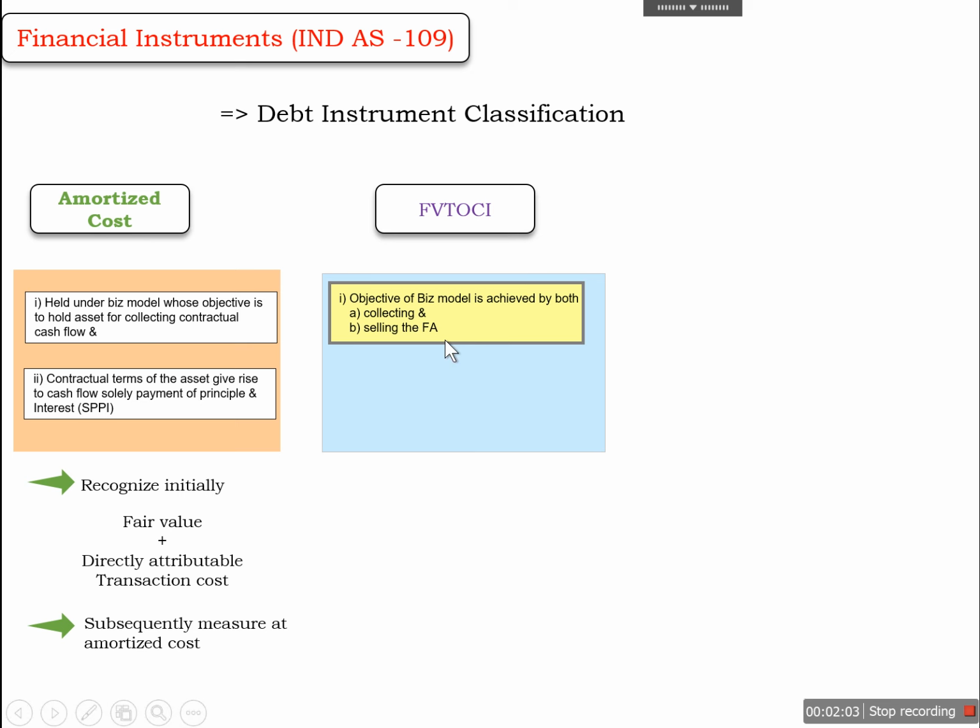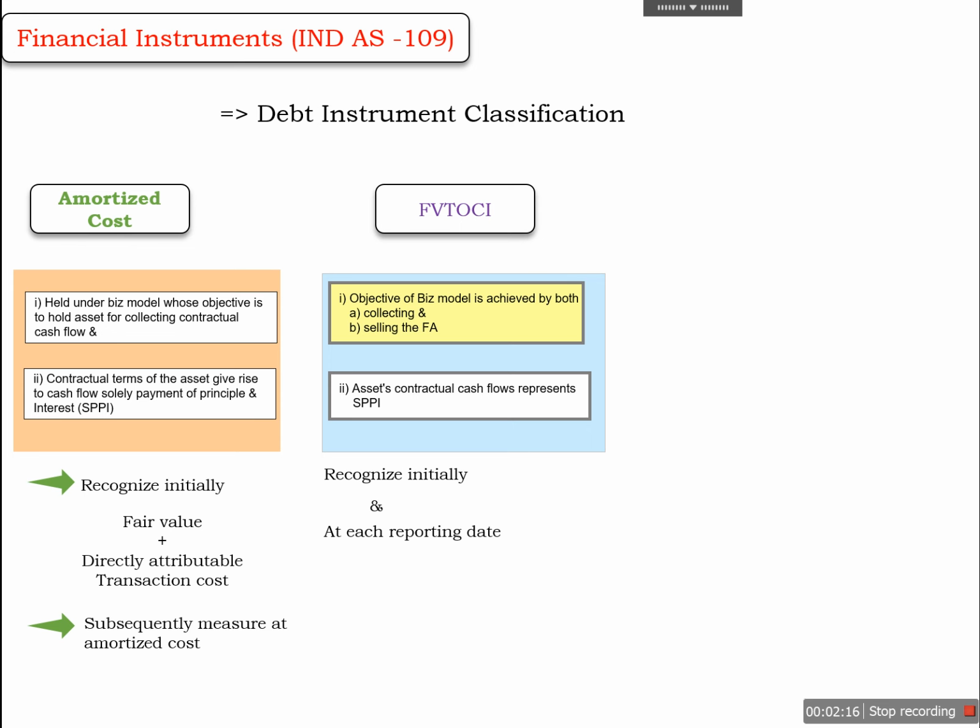So the objective is achieved by both collecting and selling, and the assets conform to the SPPI test.